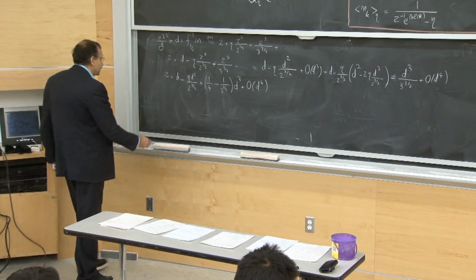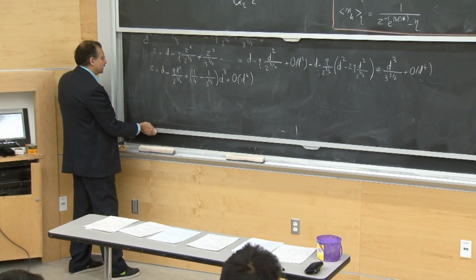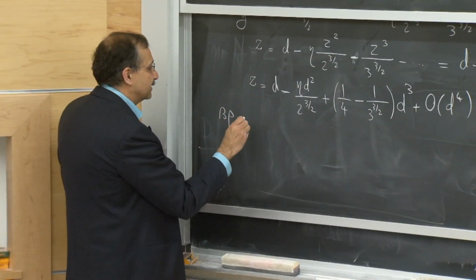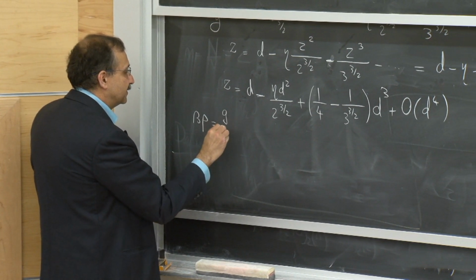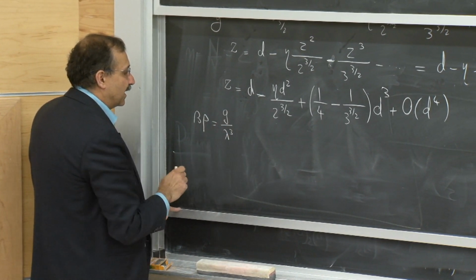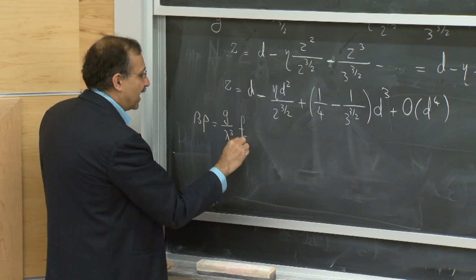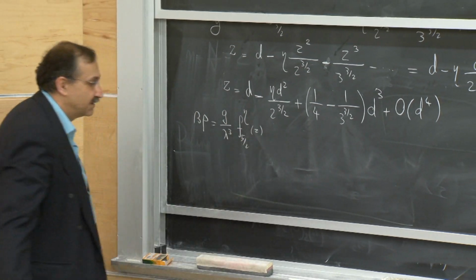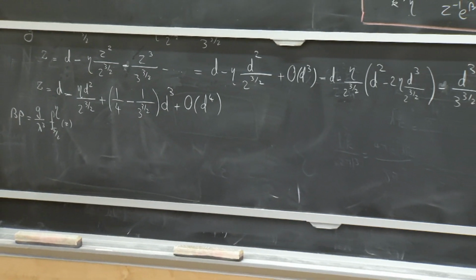Now, the formula for the pressure is up there. It is that beta p is g over lambda cubed f5 halves eta of z, right?